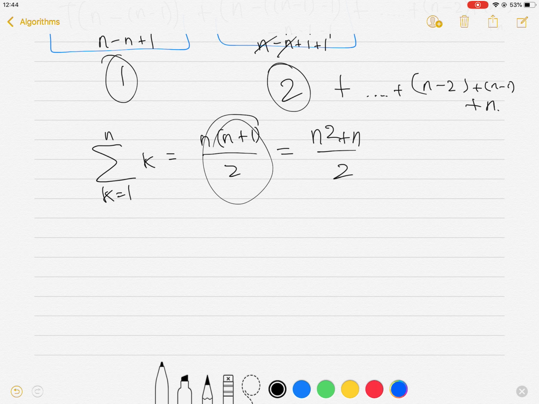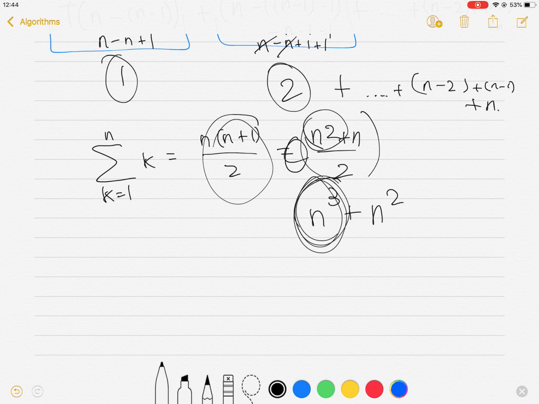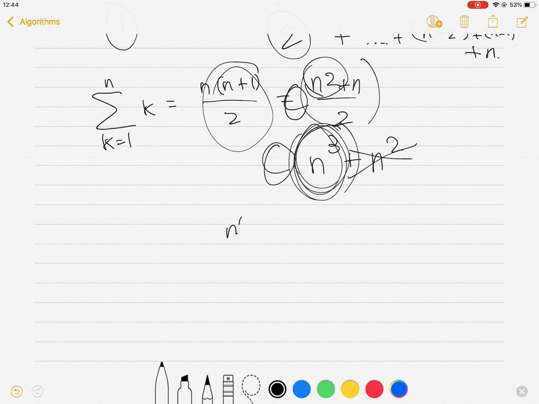When we do a big O, we only care about the variable with the biggest exponent. If we have a really long polynomial, we only care about the term with the biggest exponent. So we just delete all of this. We don't care about the constants. We don't care about the little n's. We care about the big n's.